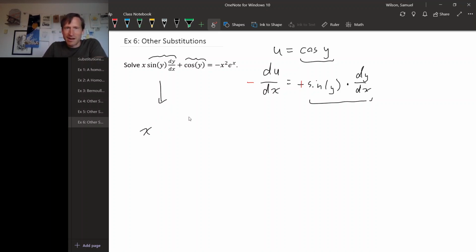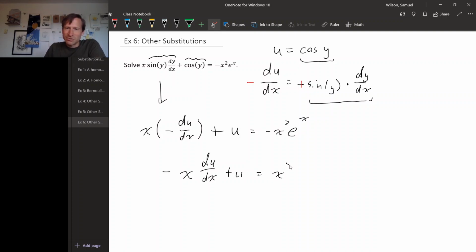We get x times sine of y times dy/dx, which is minus du/dx, plus cosine y, that's u, equals minus x squared e to the x. So this differential equation is minus x du/dx plus u equals minus x squared e to the x. And look, again, this substitution has turned an extremely nonlinear equation into a linear equation. In principle, we could solve this, find u, and then undo the substitution to find y.